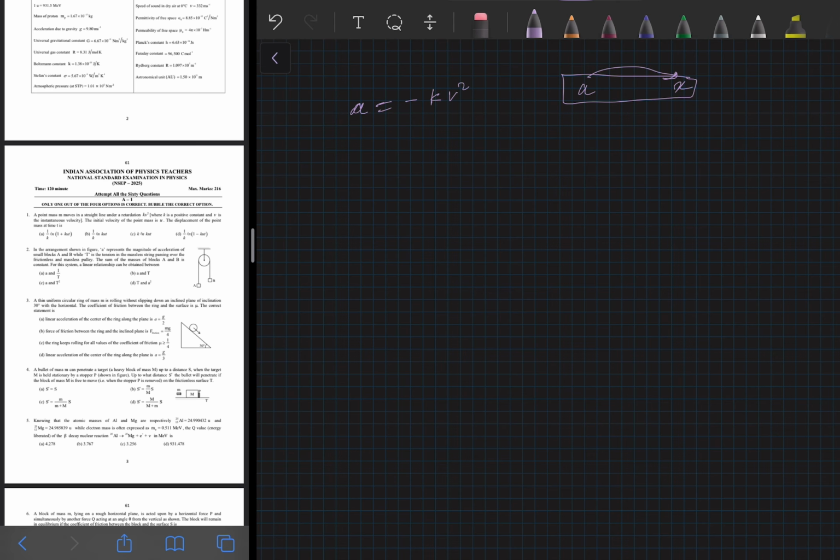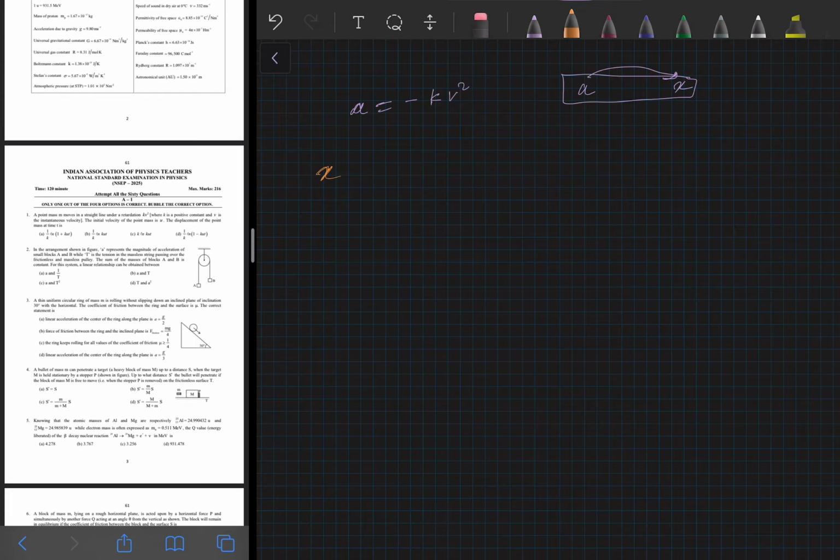So what do we know about the relation between displacement and acceleration? Suppose that an object is at point x at any given time.